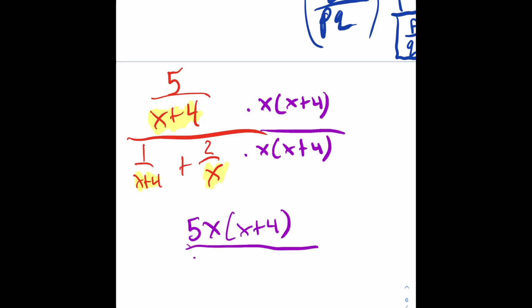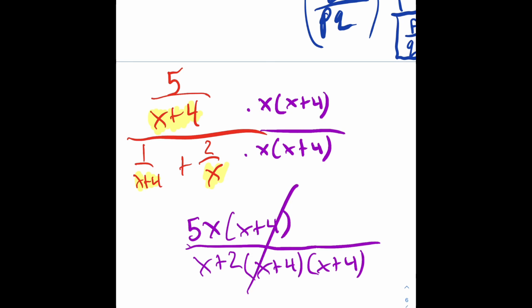And then on the bottom, I'm going to be left with x plus 2 times x plus 4, which is going to cancel out because I have it twice.